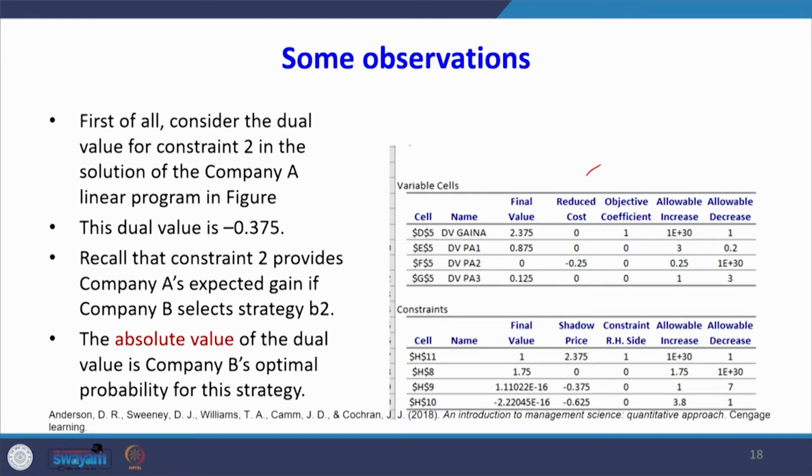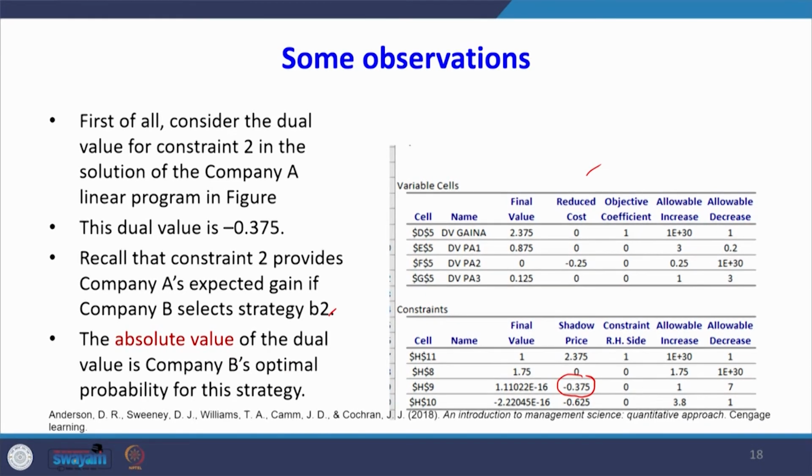So, the dual value is minus 0.375, minus 0.375. Recall that constraint 2 provides company A's expected gain if company B selects strategy B2. So, the absolute value of this dual value is company B's optimal probability for this strategy.